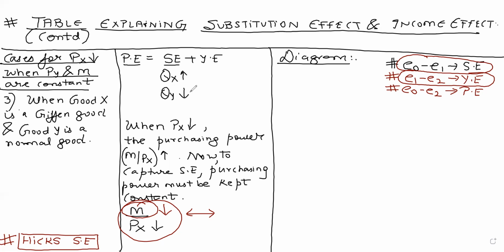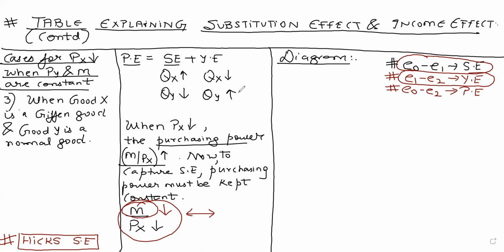And if you now look at the income effect, when price of good X falls, your purchasing power goes up. But good X is a Giffen good. You will buy less of it. You will buy more of the normal good. So I hope students are clear with the arrows and the indications.